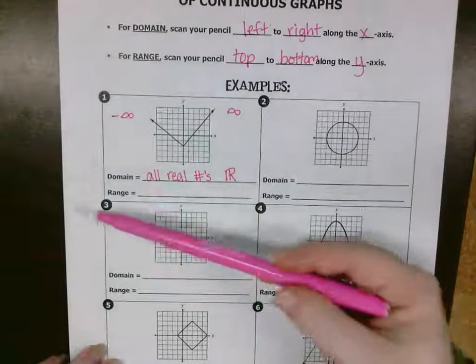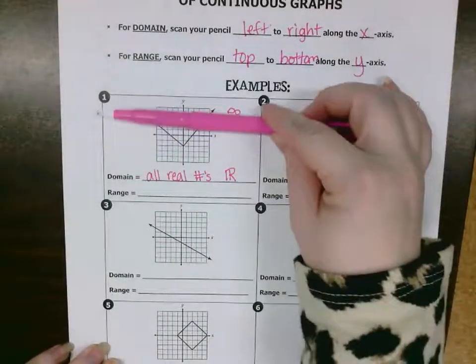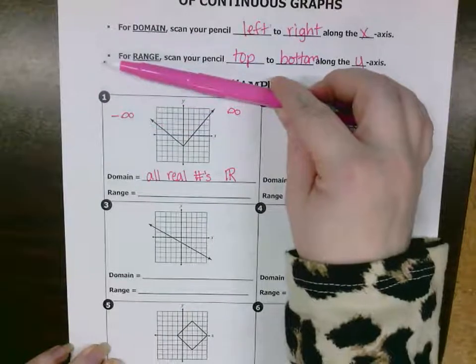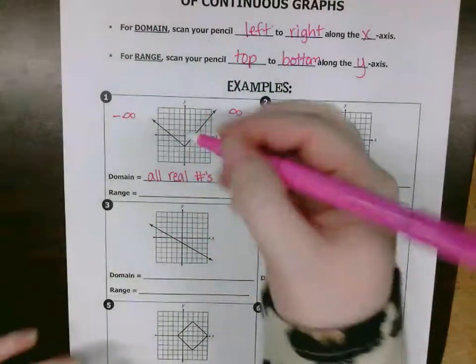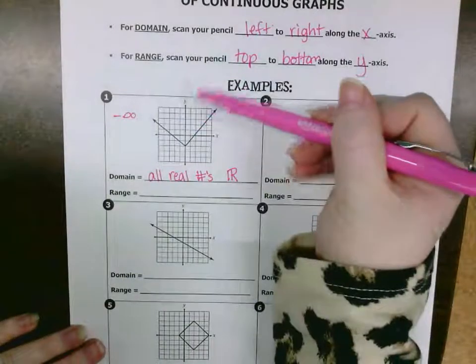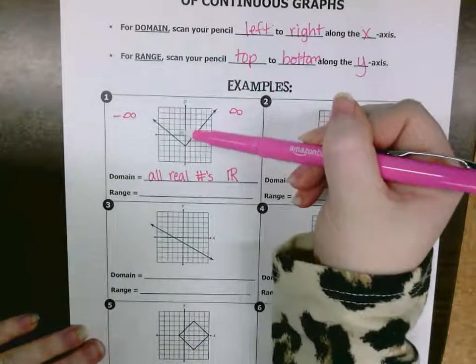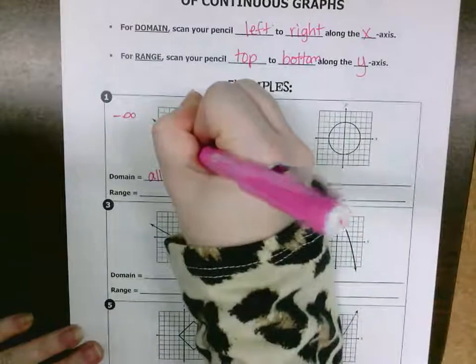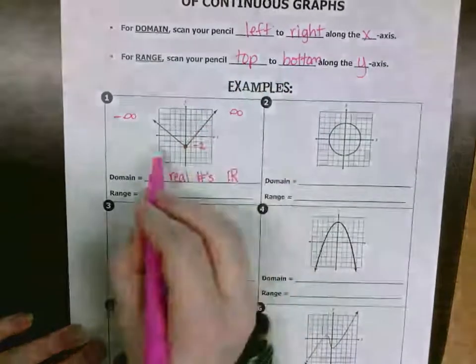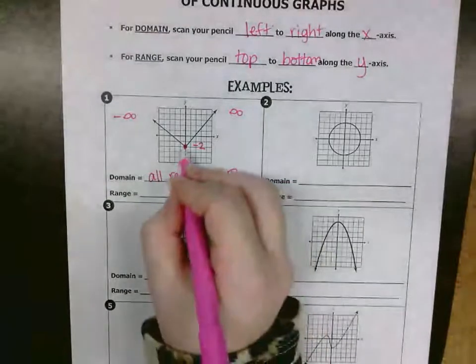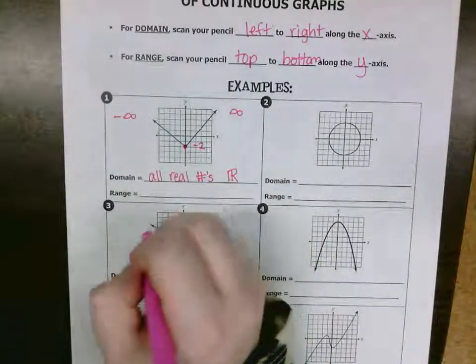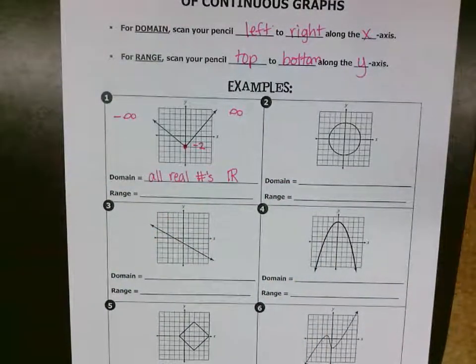Our range, however, it goes all the way up. However, it has a stopping point. So you have to identify where exactly does it stop. So it's everything above, but once you get down right here to negative 2, it stops. Does it include negative 2? Yes, but it doesn't include anything less. So this is when we start talking about our inequalities.